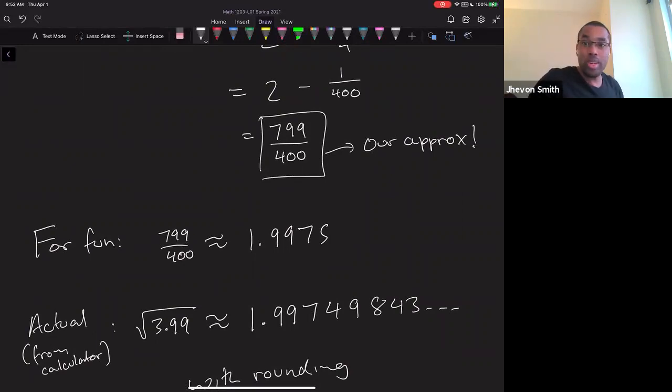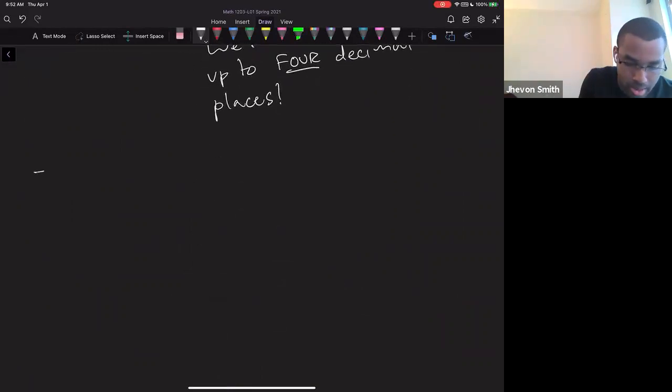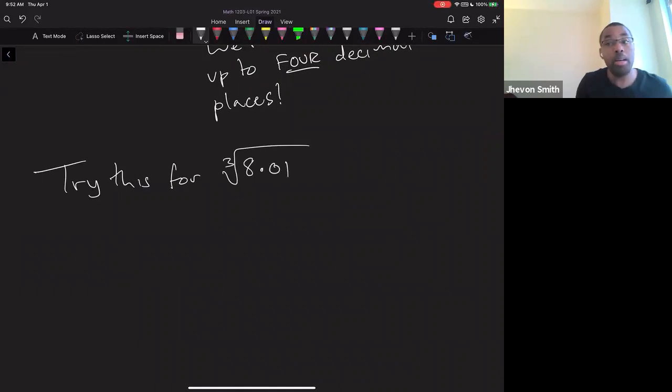So yeah, really interesting. Try this again for something, and try this for the cube root of 8.01. Tell me what answer you get, how many decimal places of accuracy you can get. But for now, we will stop there.